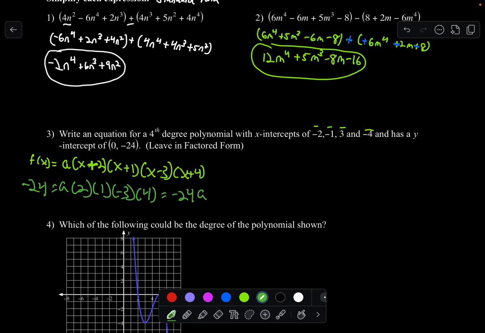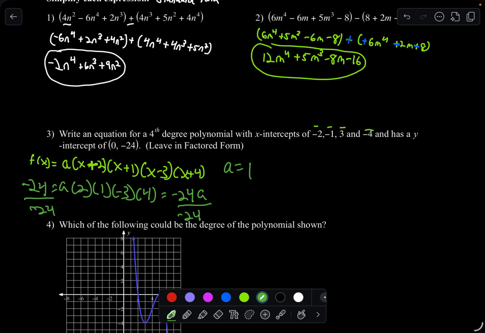So we have negative 24a equals negative 24. Divide both sides by negative 24 to solve for a. Sorry, you don't divide by negative 24a, you just divide by negative 24. And then you have a equals 1.